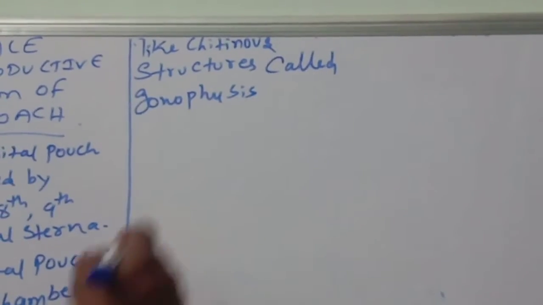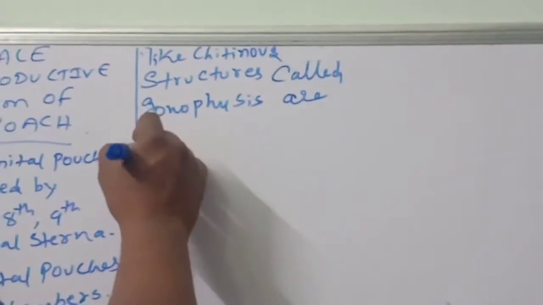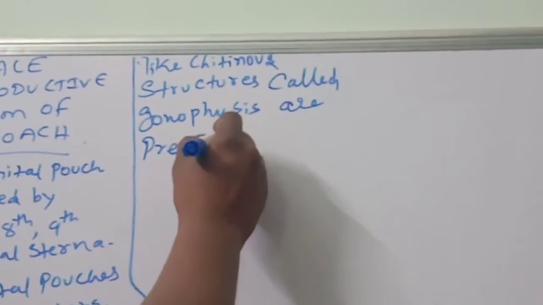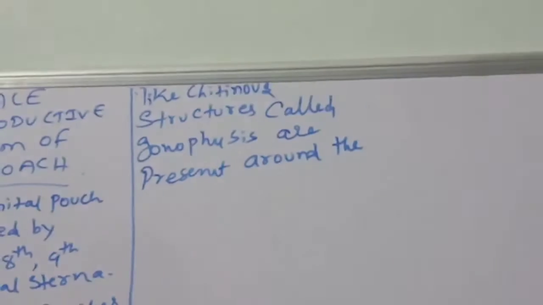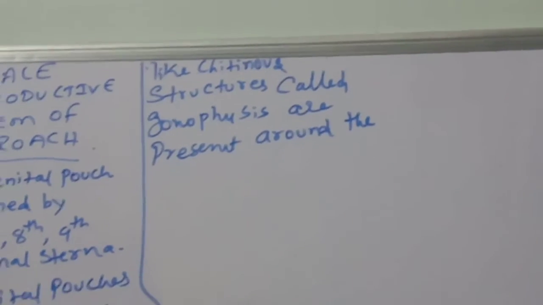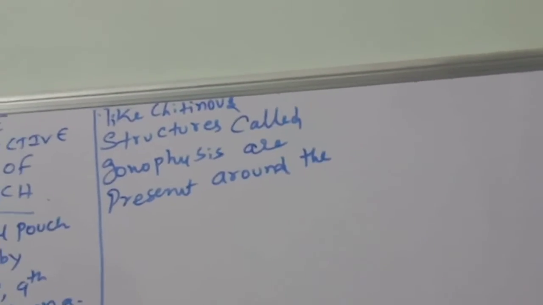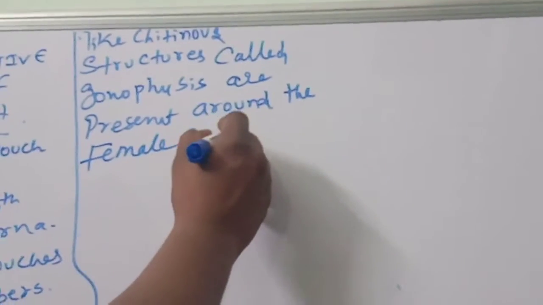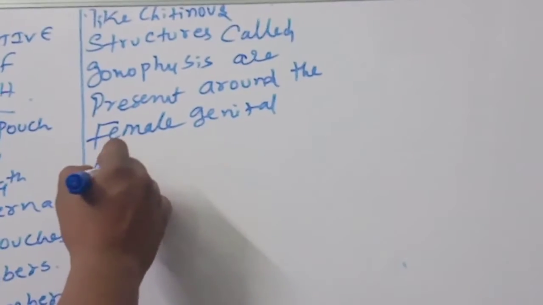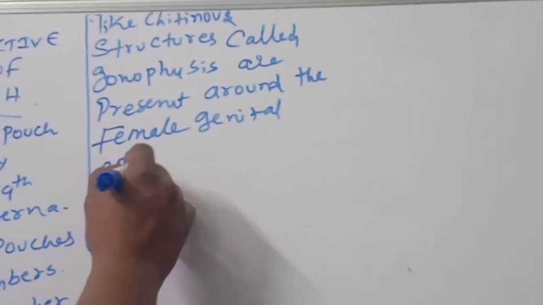Gonophysis are present around the female genital aperture.